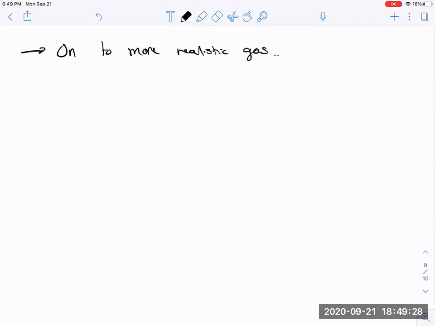Our first stop on that journey is to consider more realistic gases, the simplest of which could be just a single particle in a box. Say that box has length L, that particle is free to move, provided it stays in the box.